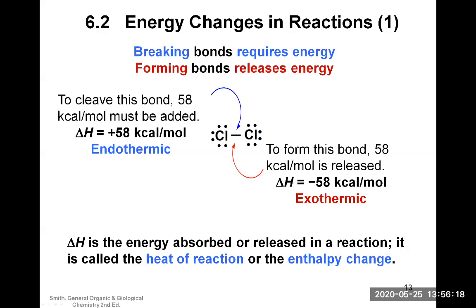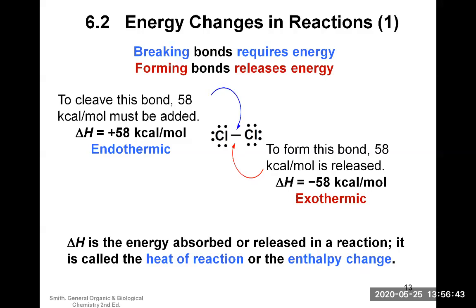And so this is called an endothermic process because you need to add energy to the molecule to be able to break the bond. And delta H here is the energy absorbed or released in a reaction, and it is called the heat of reaction or the enthalpy change.